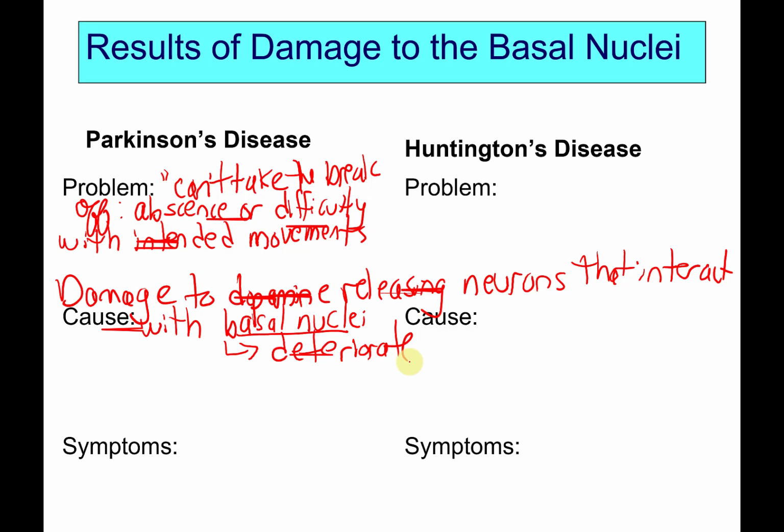Now, why is that happening is another question. And it has been a question for a while with Parkinson's disease. There have been a lot of theories, but there's growing evidence now that the cause of the damage to these dopamine-releasing neurons is environmental exposures. In fact, the cumulative environmental exposures that one receives over a lifetime.